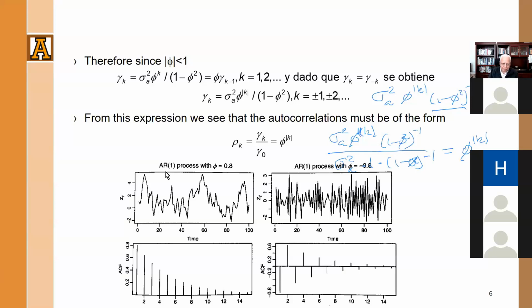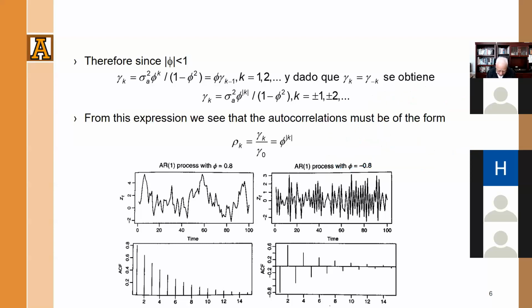Now, this is an example of an AR(1) process with phi equal to 0.8. First of all, the first autocorrelation, rho sub 1, the autocorrelation at lag 1, is going to be equal to 0.8, because it's phi to the absolute value of k. You can see it here in this graph, the autocorrelation function.